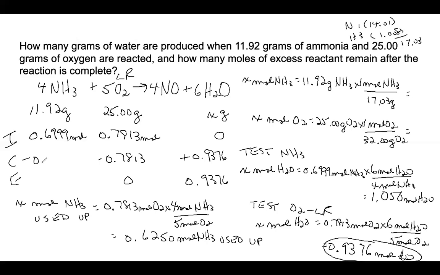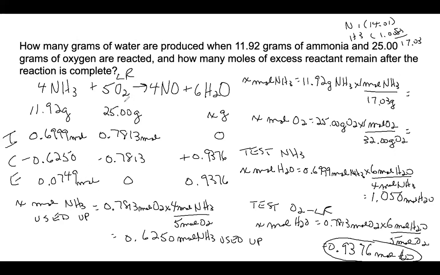Okay, so we didn't use up all 0.6999, we used up 0.6250. So at the end, we have 9, 9 minus 5 is 4, 9 minus 2 is 7, 0.0749 moles of NH3 remain.